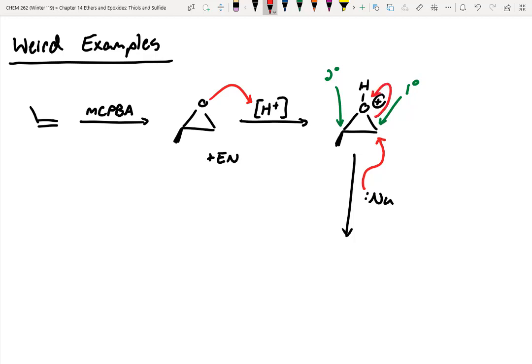So then it'll kick up electrons to that oxygen. Let me write plus Nu down here. And let's make a little note with that.